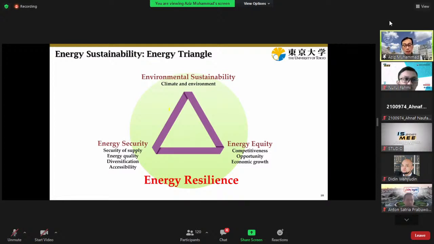For energy security, we are not only talking about how our systems or how the country can supply the required demand of energy, but also how our systems can provide high quality energy. So we are not talking only about the quantitative things, but also the qualitative things.